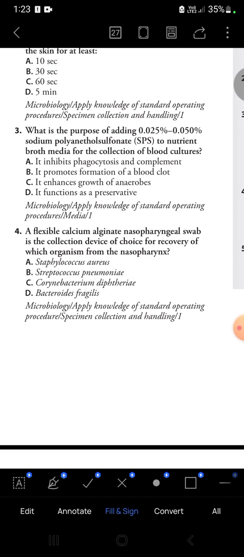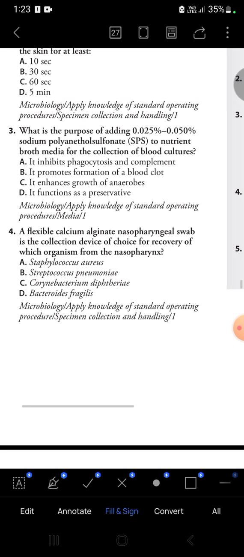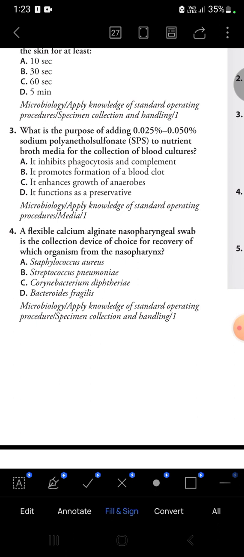Fourth question: a flexible calcium alginate nasopharyngeal swab is the collection device of choice for recovery of which organism from the nasopharynx? So, a flexible calcium alginate nasopharyngeal swab is the collection device of choice for recovery of which organism from the nasopharynx?